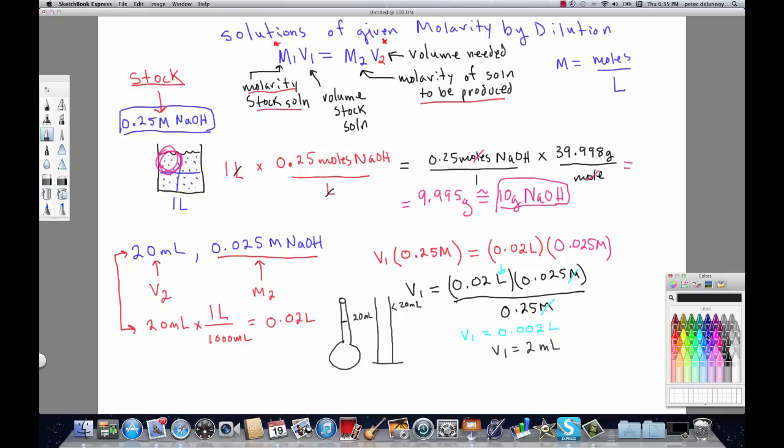To make this solution, we're going to fill either one of these part way with water initially. Then we squirt in our 2 milliliters of our concentrated sodium hydroxide solution.